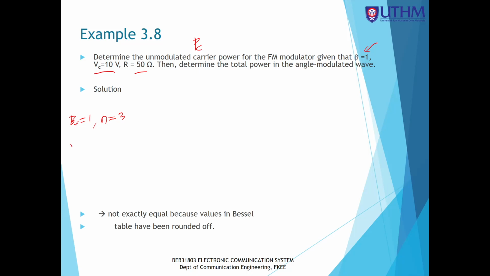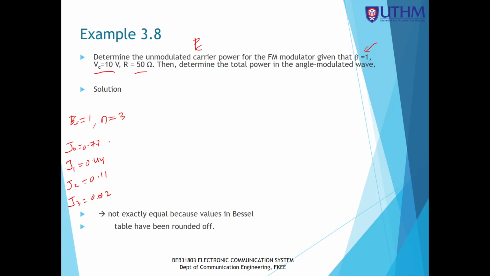So J0 is 0.77, J1 is equal to 0.44, J2 is equal to 0.11, J3 is equal to 0.02.